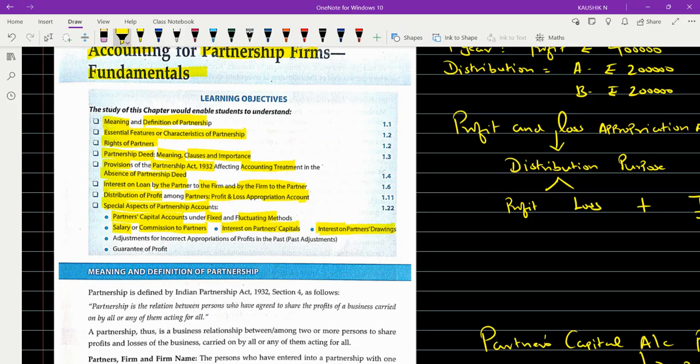And if the business insists that any partner who has withdrawn some amount for meeting personal expenses will be charged, that means they will be asked to pay something called interest on the drawings. So we'll be seeing what interest on drawings is. When you take drawings, you have to refund the money back. For example, for an emergency, from my business cash box, I have withdrawn an amount of rupees 10,000.